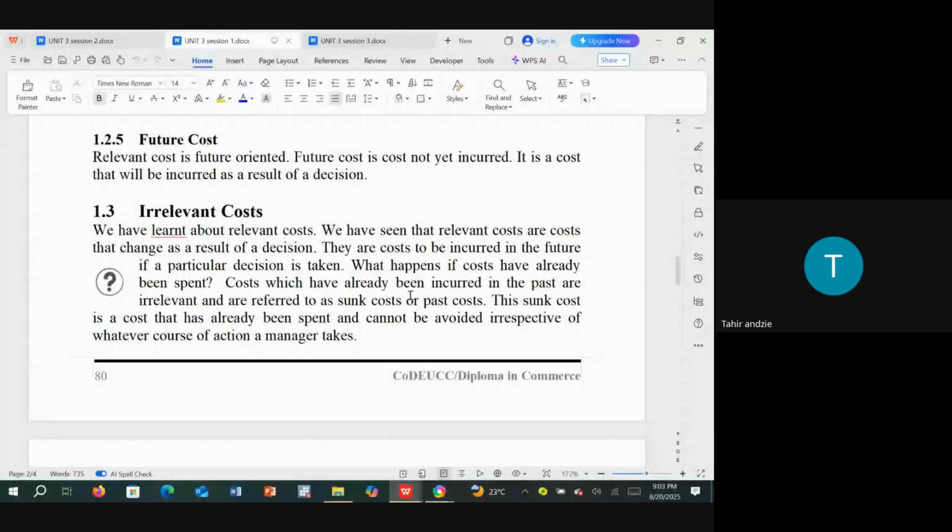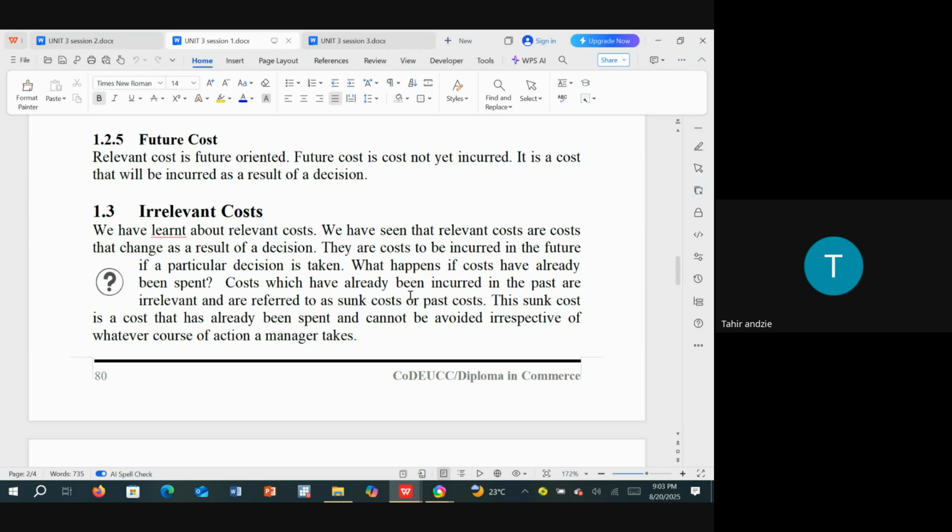And what happens if costs have already been incurred? Costs which have already been incurred in the past are irrelevant costs and are referred to as sunk costs or past costs. A sunk cost is a cost that has already been incurred or spent and cannot be avoided irrespective of whatever course of action a manager takes.